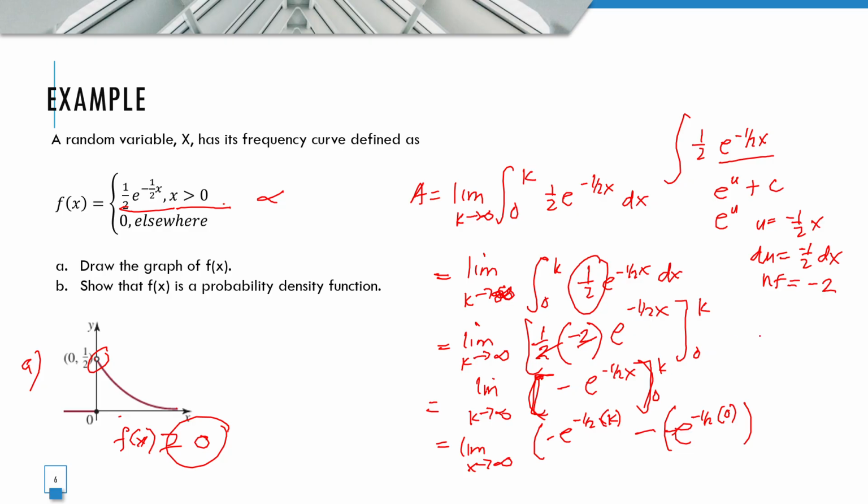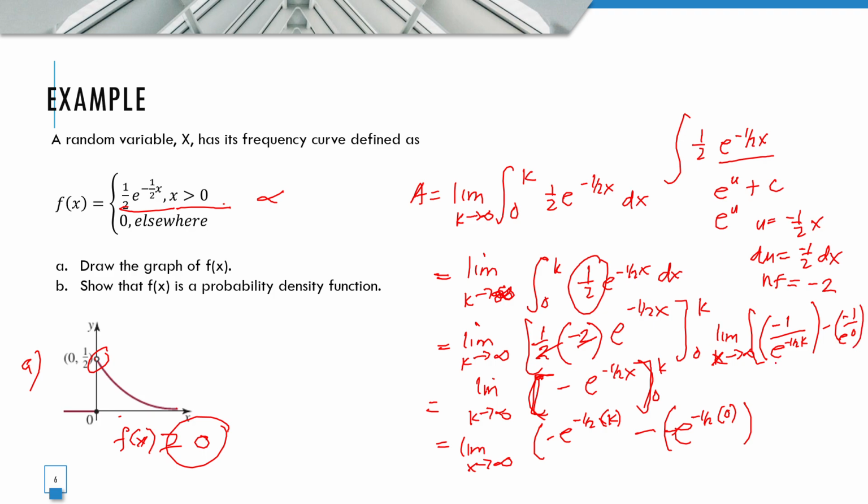If we're going to proceed with this one, this is the limit as k approaches infinity, that is equal to negative 1 over e raised to negative 1 half k, minus negative 1 over e raised to 0.